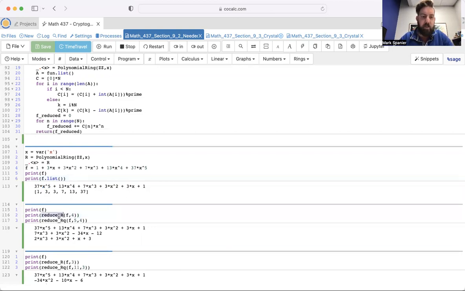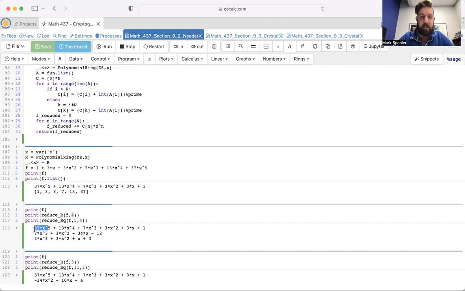So if I apply this reduce function on f with a 4, where the 4 is the n value, it's again going to take that 13x to the fourth, and that's going to become a -13. So that -13 and the 1 will then combine to make a -12.